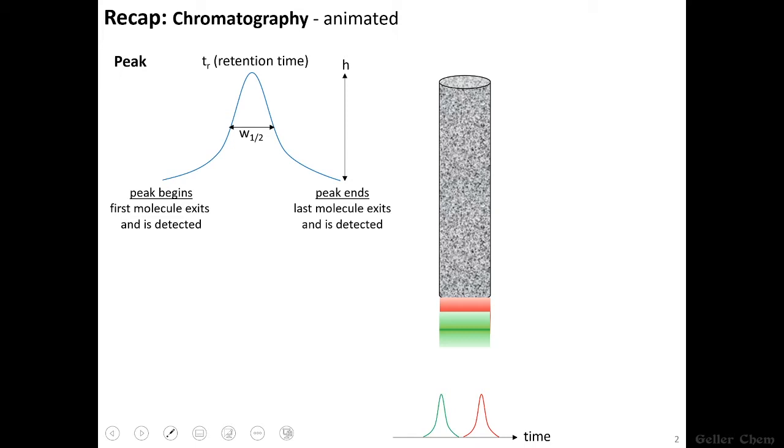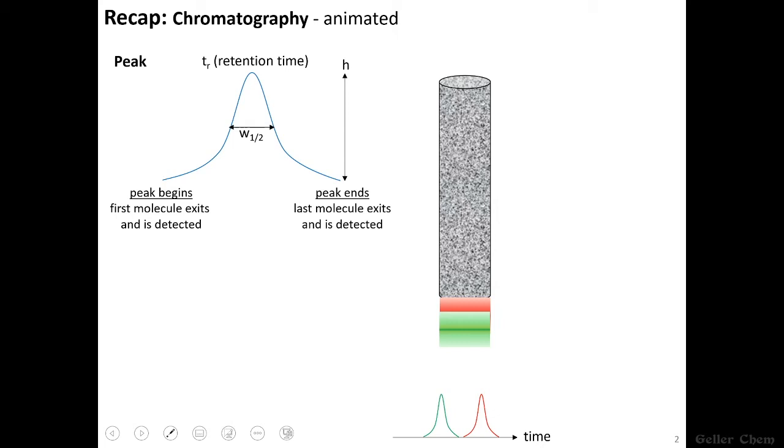But for now, I want to remind you that the typical way that we measured the width of a peak is not the overall width from beginning to end, which is rather difficult to measure accurately, but the width halfway up to the maximum. We can just call this the half width, or to be more specific, sometimes you'll hear it referred to as the full width half maximum. But I won't use that term in this class, I'll just call it the half width.